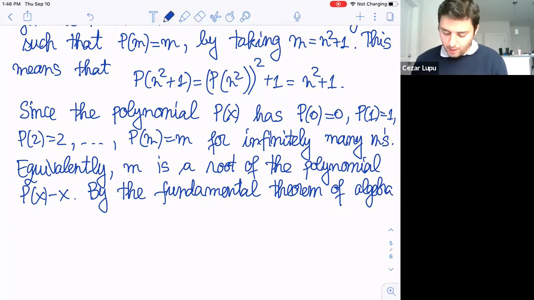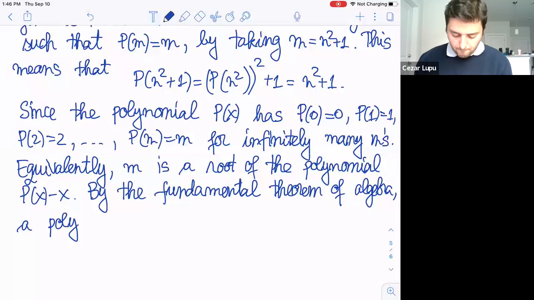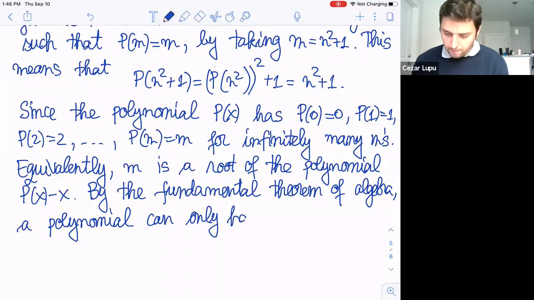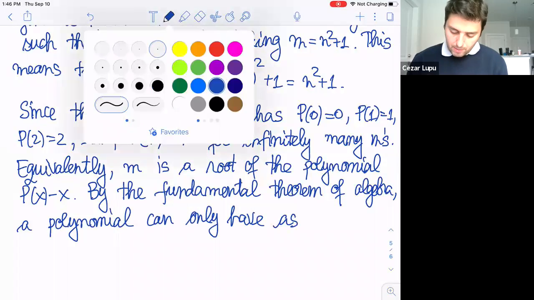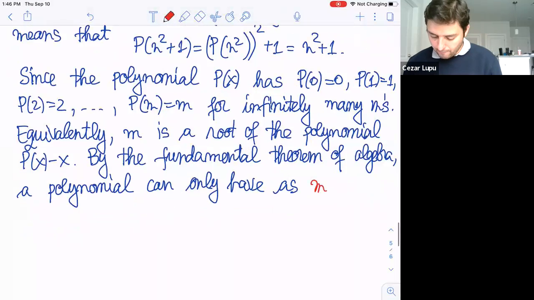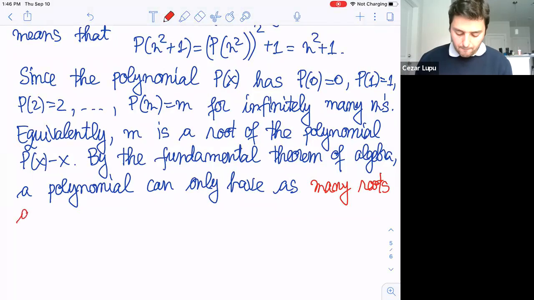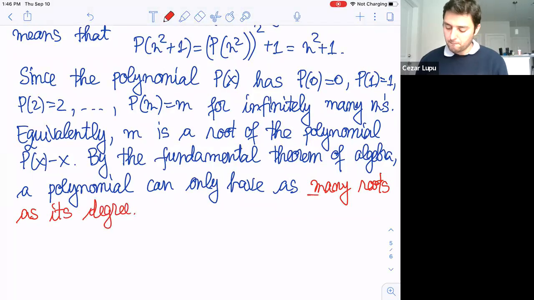A polynomial can only have as many roots as its degree. That's important.